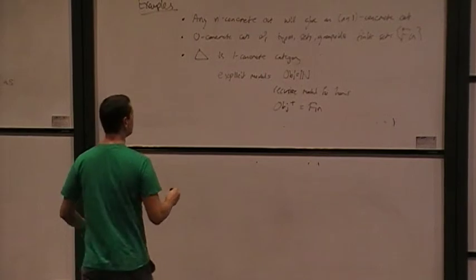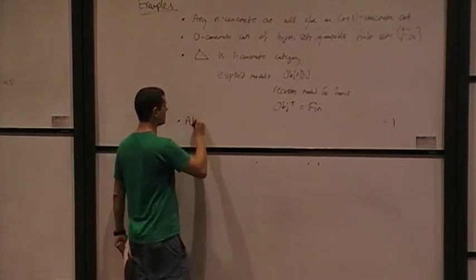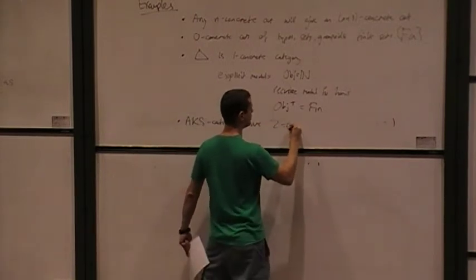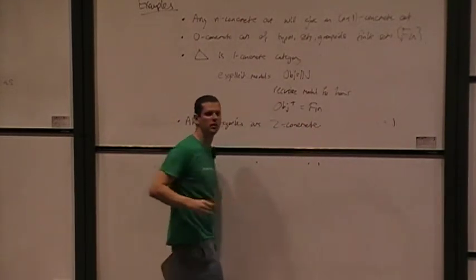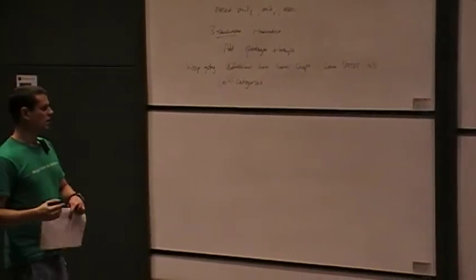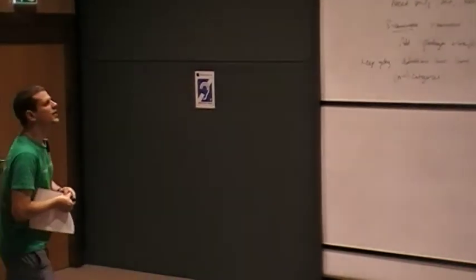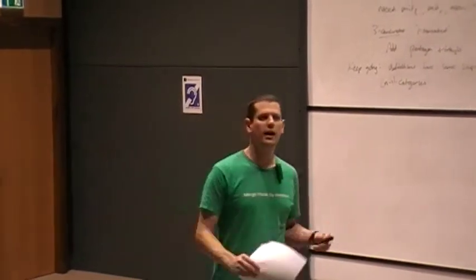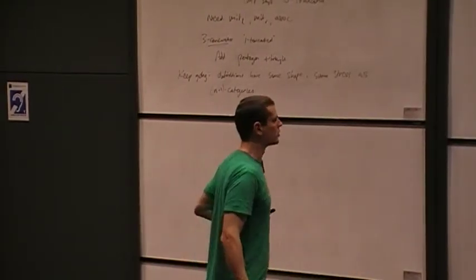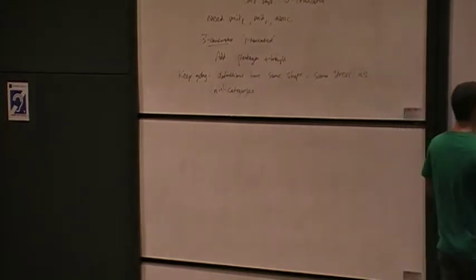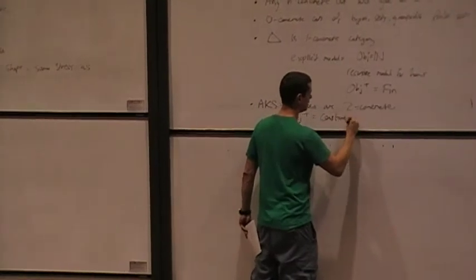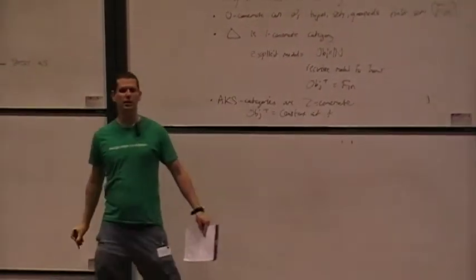What's next? All AKS categories are 2 concrete. So somehow, the deal with AKS categories is that they're giving all the structure by hand. And the higher structure is trivial, so you can take obj plus to be constant valued at a trivial type.